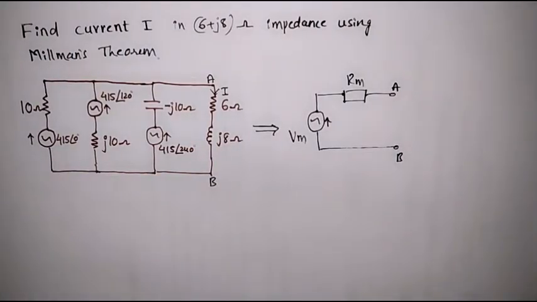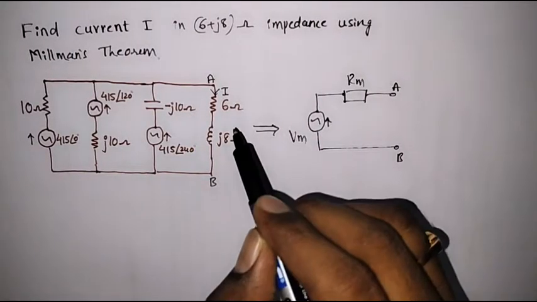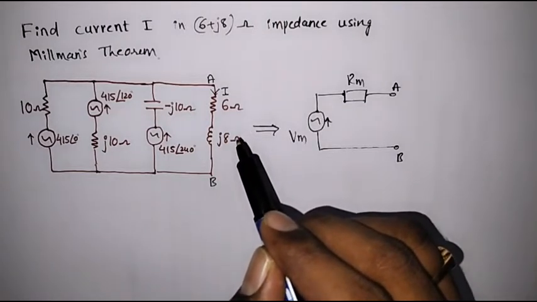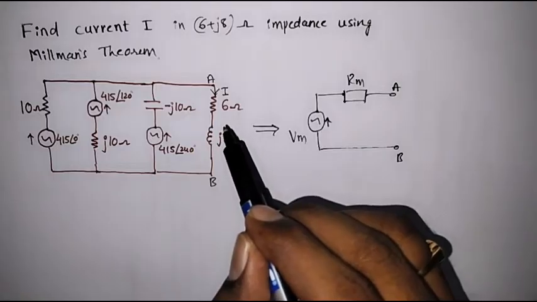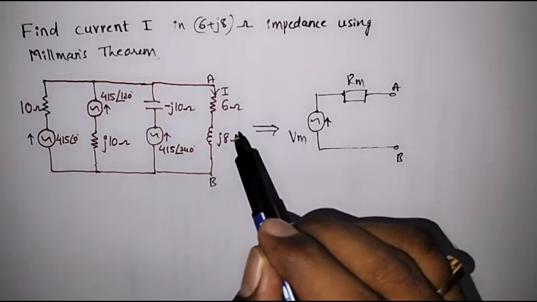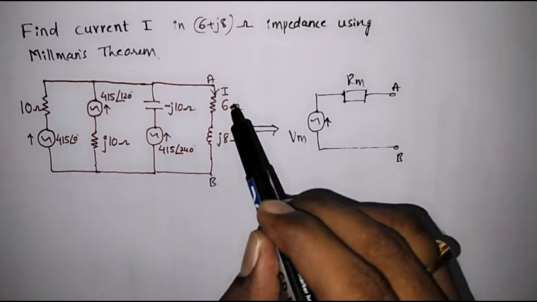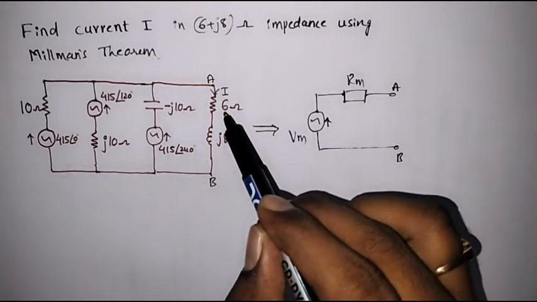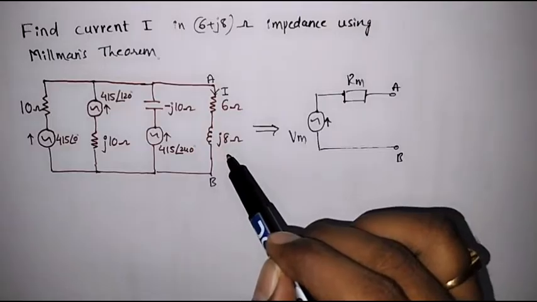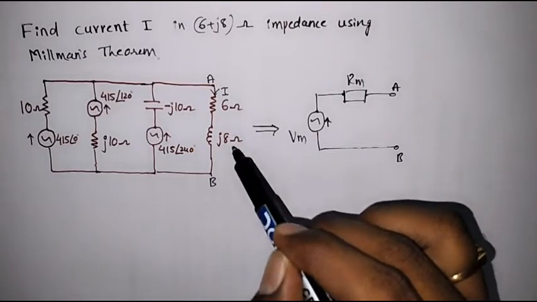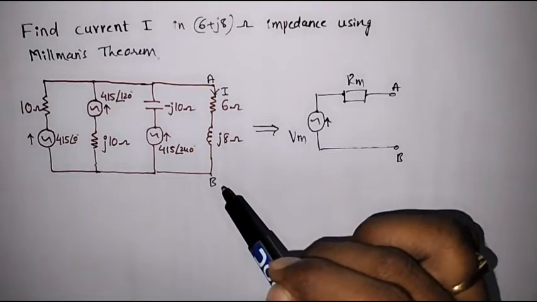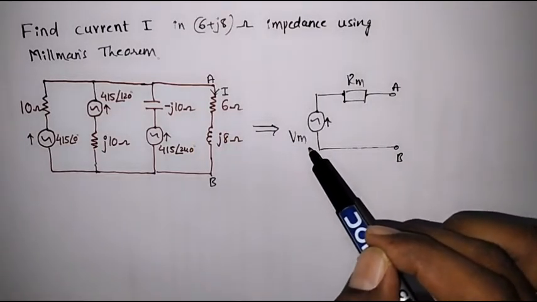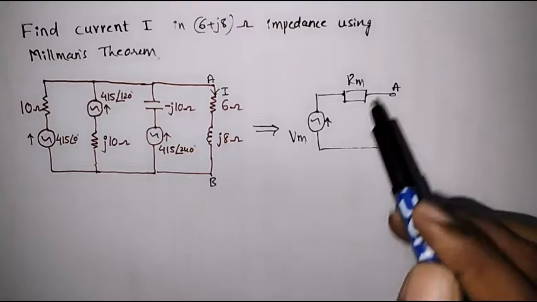So in Millman's theorem, the branch in which the current or the voltage is to be calculated is to be open circuited. It means that now we are supposed to keep A and B terminal open. That is, we are supposed to remove this 6 plus J8 ohm resistor. If we remove this, then A and B terminals will become open. Then we are supposed to calculate Millman's voltage Vm and Millman's resistance Rm.